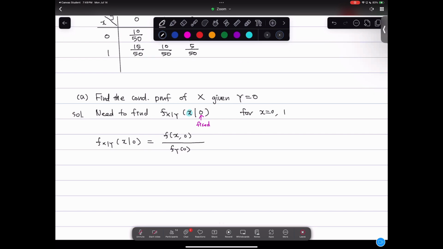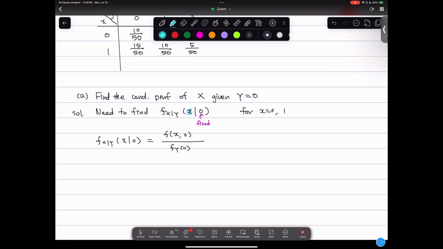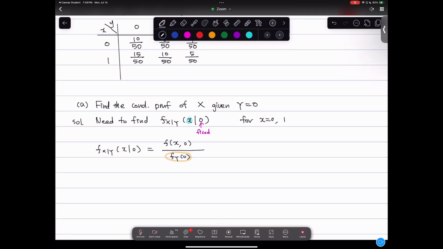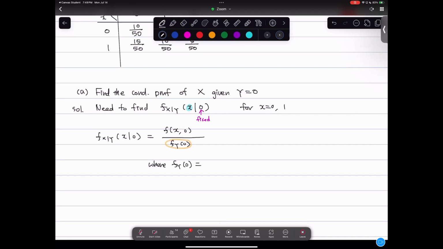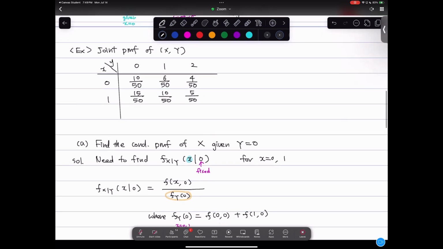Of this, let me get my denominator first. So f of y of 0, this is a marginal, which means I want all these x values. x can be 0, x can be 1. I want all the possible xy pairs where x is 0 or 1, but y has to be fixed at 0. So f of 0, 0 and f of 1, 0. Let me go back, it's a lot easier to consider this in the table.